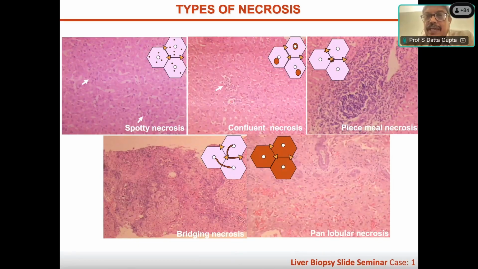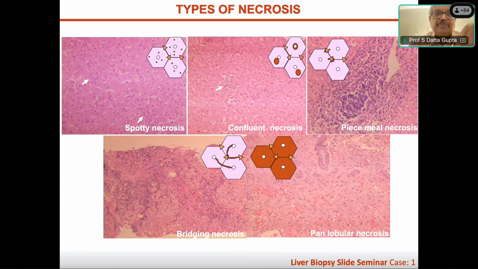Now, the reaction to virus is not neutrophil. The reaction to virus is lymphocyte. So right from the beginning, when people found one or two lymphocytes instead of a hepatocyte, it was presumed that the hepatocyte has undergone necrosis caused by lymphocytes. Now we know it is because of virus.